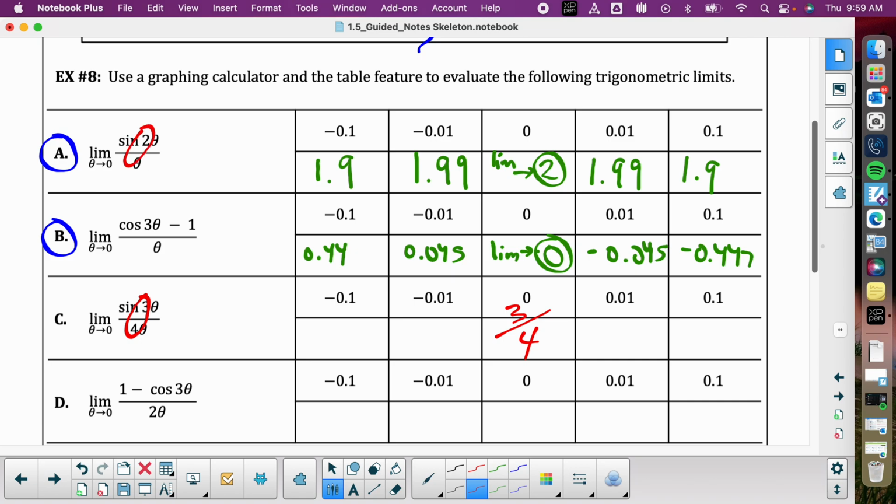Because remember, I made an emphasis up top that whatever was there for the angle, the bottom had to be the same thing. So the way we manipulate this and cheat, this only works if the bottom has the same info as the top. So my cheating method would be to multiply the bottom by 2, which you guys should know by now, you can't just randomly multiply a bottom of a fraction by a number.